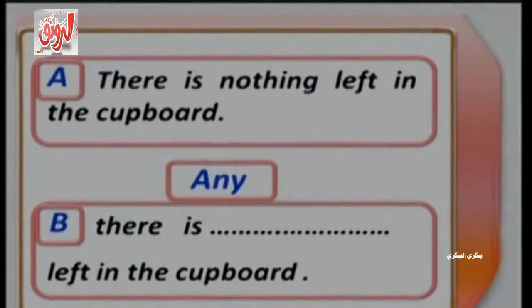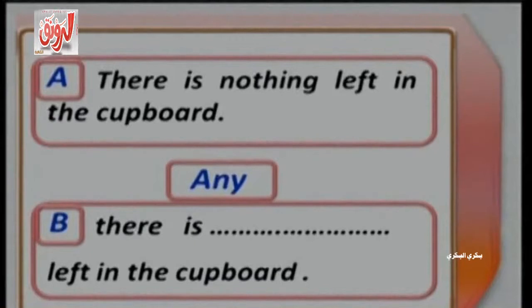Any. Once you have heard of any, you should remember some. Some is used in affirmative sentences and any in negative sentences. See the example here. There is nothing left in the cupboard.